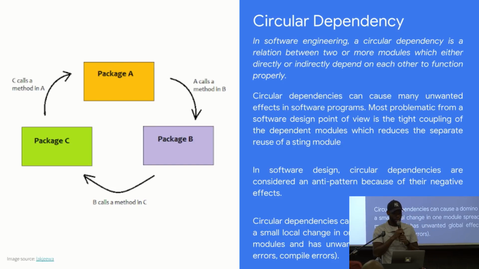Between A and C there's an indirect circular dependency, whereas between A and B, and C and B, there's a direct circular dependency. Circular dependency can cause a lot of unwanted effects on a software program, and the most problematic from the software design point of view is tight coupling.